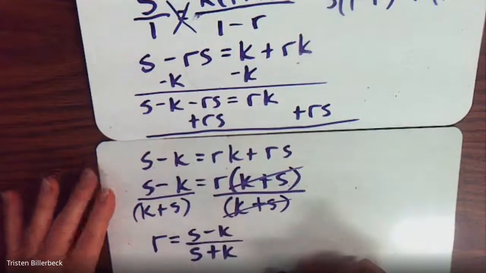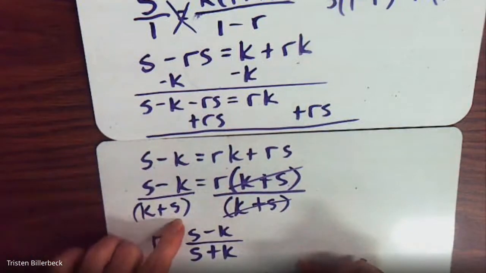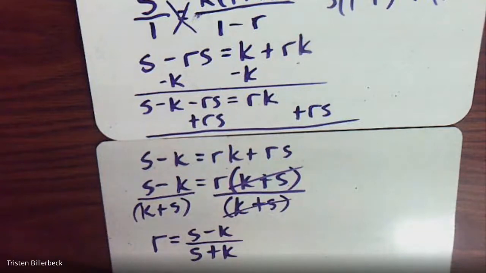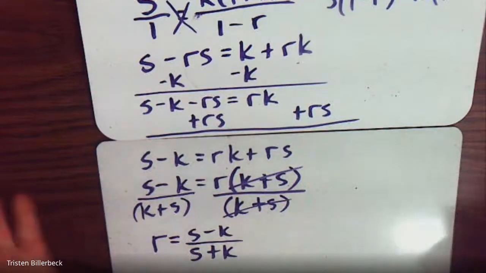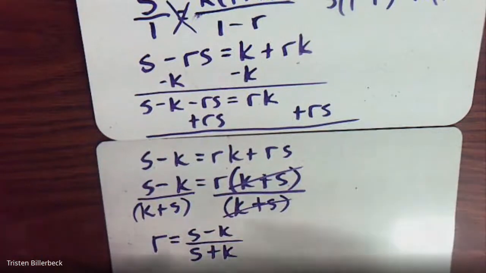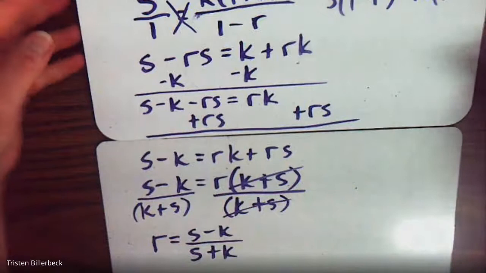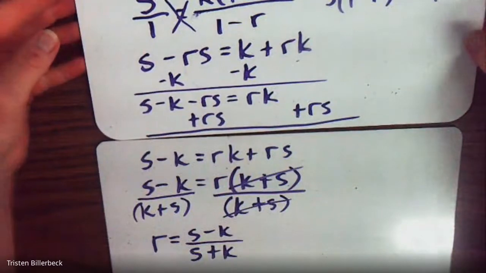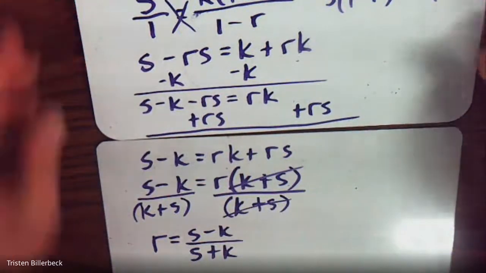And I can just move this around from K plus S to S plus K because of the additive property of equality. Remember the multiplicative property of equality? There's an additive one as well. All right. So that would be my answer for changing the formula.